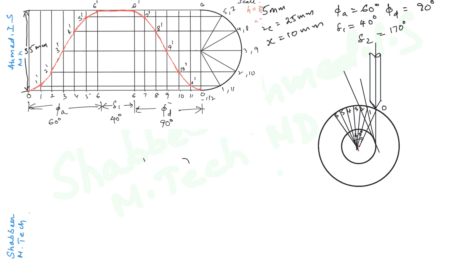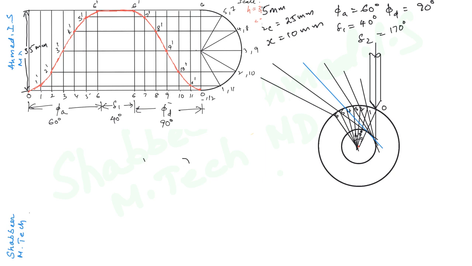Similarly from 3, similarly from 4 draw another tangent, then again from point 5 draw another tangent to that offset circle.